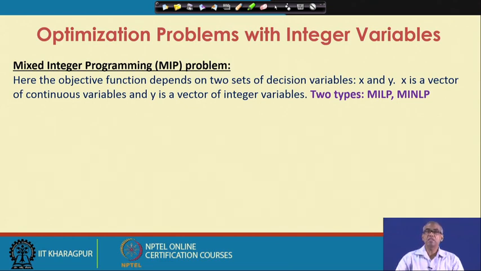In case of mixed integer nonlinear programming problem, it is a nonlinear programming problem where the objective function and the constants may be all nonlinear. Additionally, the decision variables can take integer values. So, in case of MILP and MINLP, some of the decision variables can take integer values, the remaining variables can take continuous values.